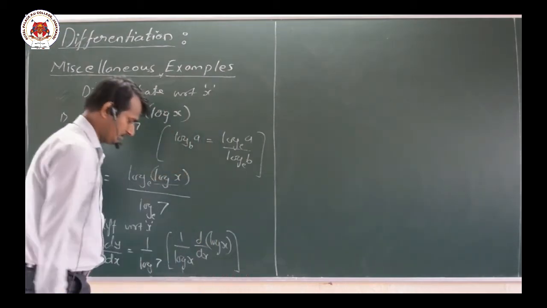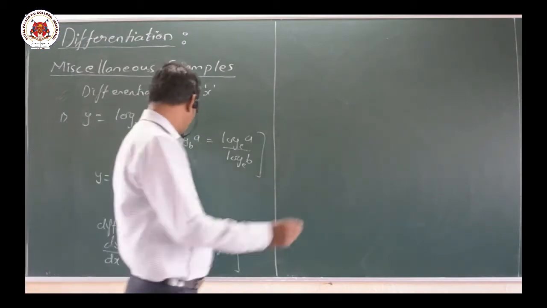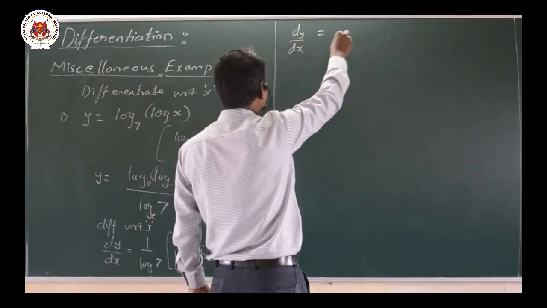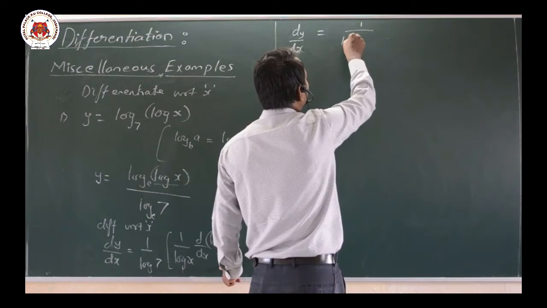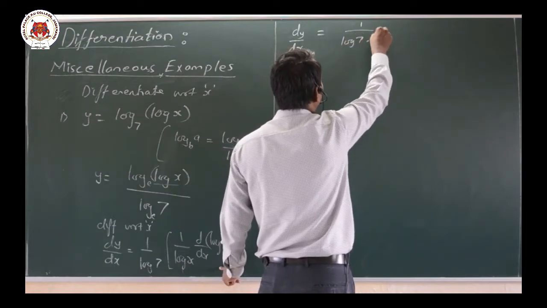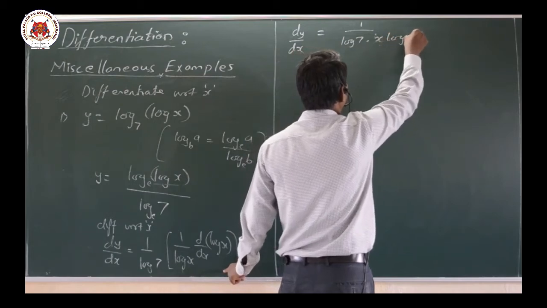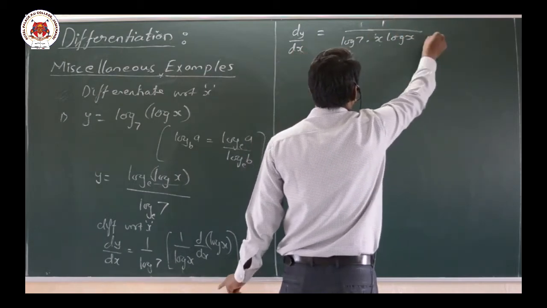Log x differentiation is 1 by x. The problem is over. So dy by dx equals 1 divided by log 7 into 1 by x log x, that is 1 divided by x into log x into log 7, the required result.